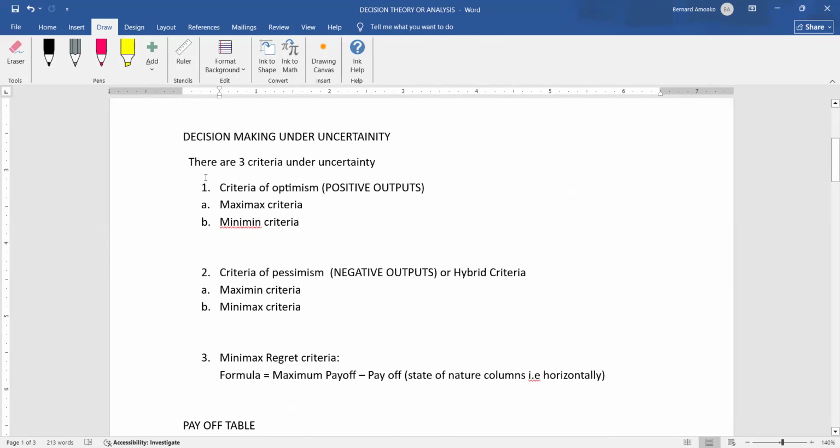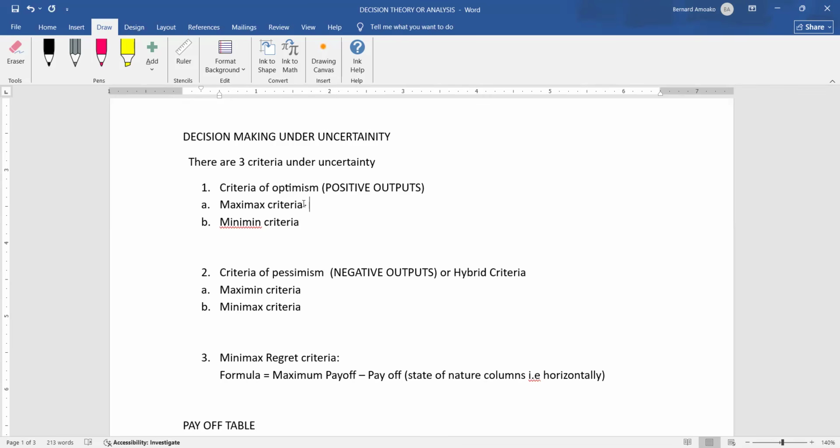The first criteria is the criteria of optimism, that is being positive about the outcome. And so to do so, we use what we call the maximax criteria and the minimin criteria. When you are positive about an item, we use the maximax criteria and the minimin criteria.